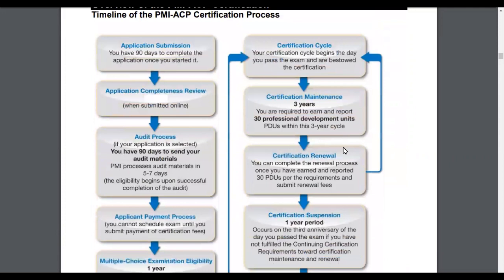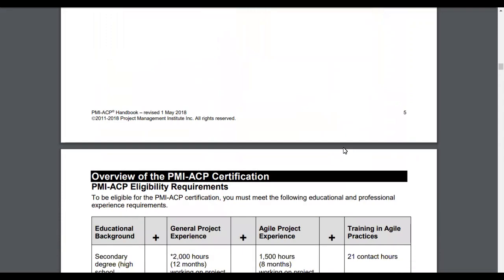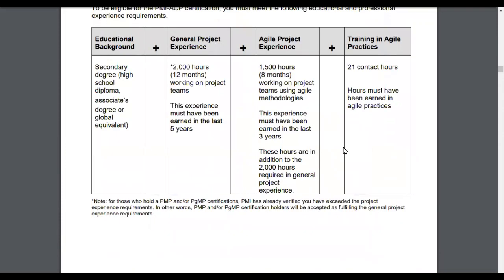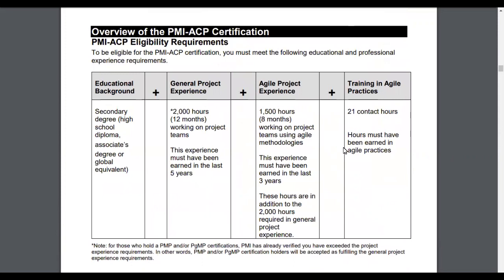Now, some PMPs who are certified, some CAPMs, they ask the question, well, what do I need to become an ACP? So let's take a look at these eligibility requirements. To be eligible for the PMI-ACP, you must meet the educational and professional requirements in this image. First of all, your educational background could be an associate's degree or the global equivalent of that, or a high school diploma.